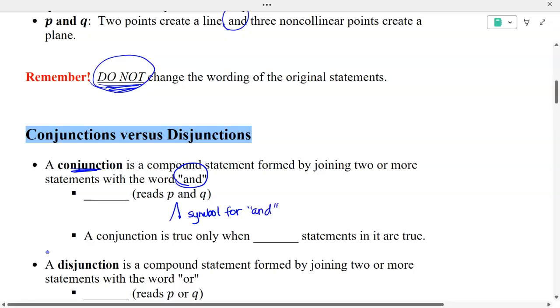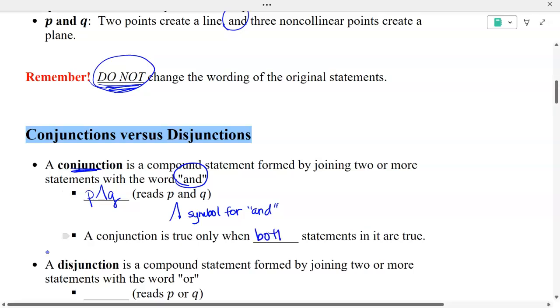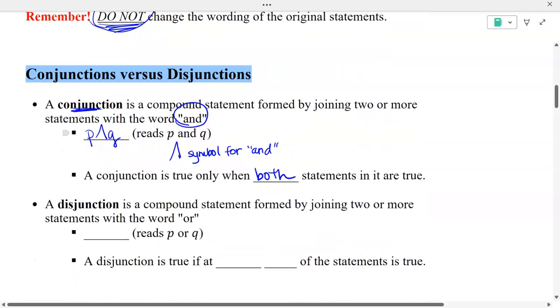So if I'm given the words P and Q, we would write it with P and then upside down V, Q. So that represents the words P and Q. Now, a conjunction is only true when both statements in it are true.